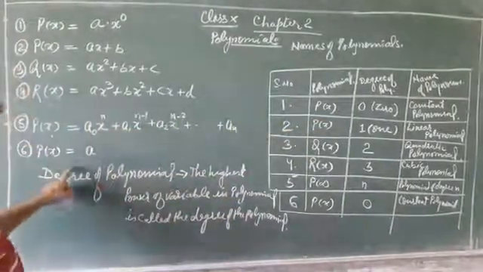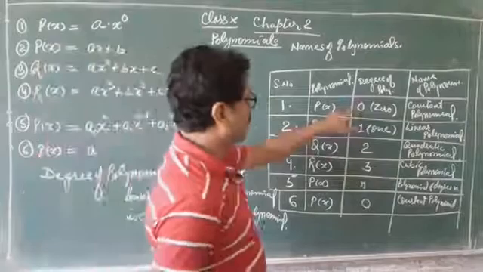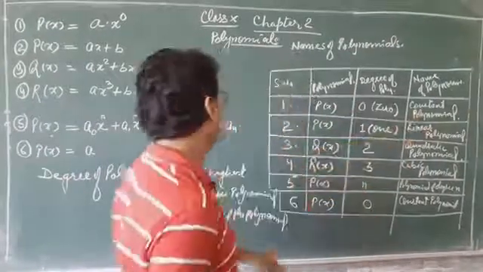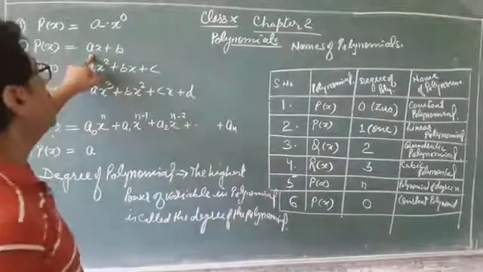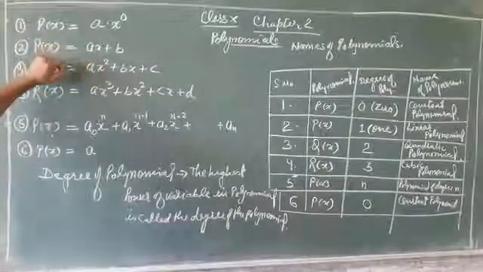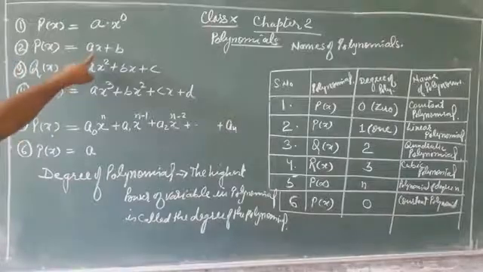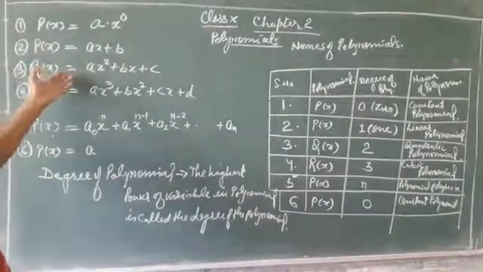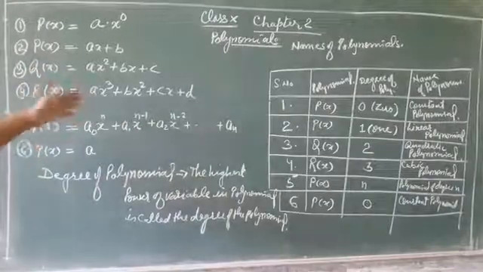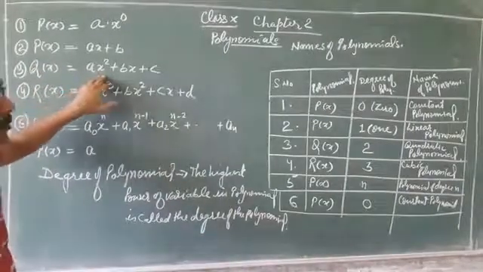So the first and the sixth are called constant polynomial, and the second one is a linear polynomial because the highest power of variable is 1. So this is the linear polynomial, and the next one has highest power of variable 2.